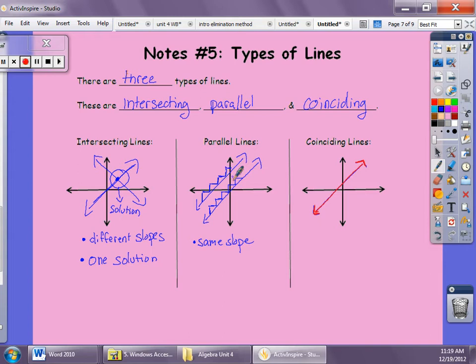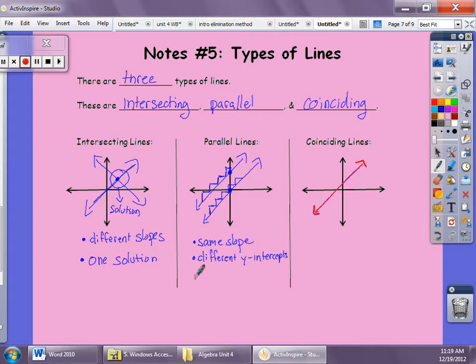But they have different y-intercepts. So this y-intercept might be 0, and this y-intercept is 4. They have the same slope, but different y-intercepts.